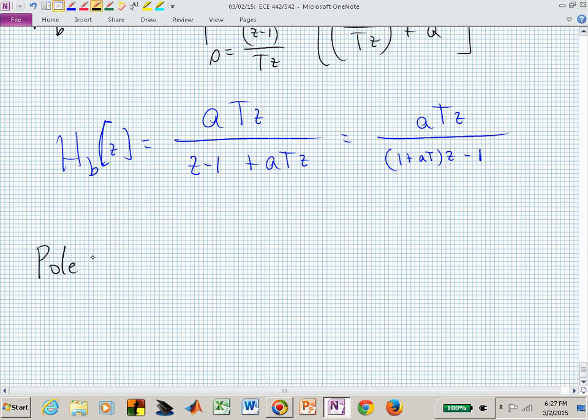Again, we can start looking at properties of that numerical approximation, or numerical integration technique for approximating this low-pass filter. Where's the pole? We set that denominator equal to 0 and solve for z, and we now have 1 over 1 plus little a capital T. Where's that going to reside?